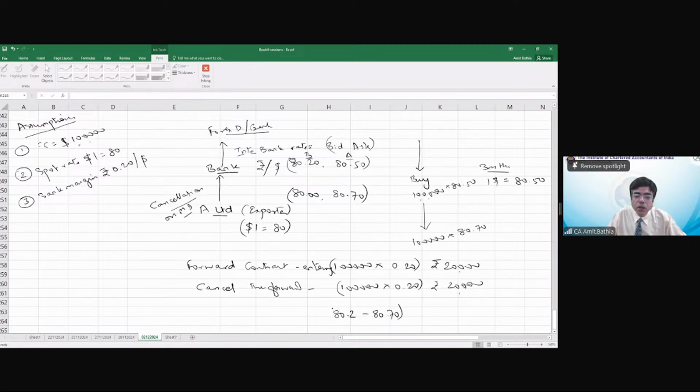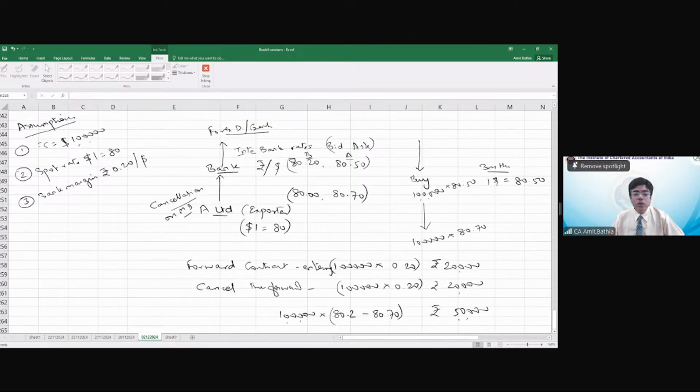The same USD you are buying at 80.70, into 100,000. What is this? This is the price differential. So there is another rupees 50,000 which is there. This is the loss. Am I right?